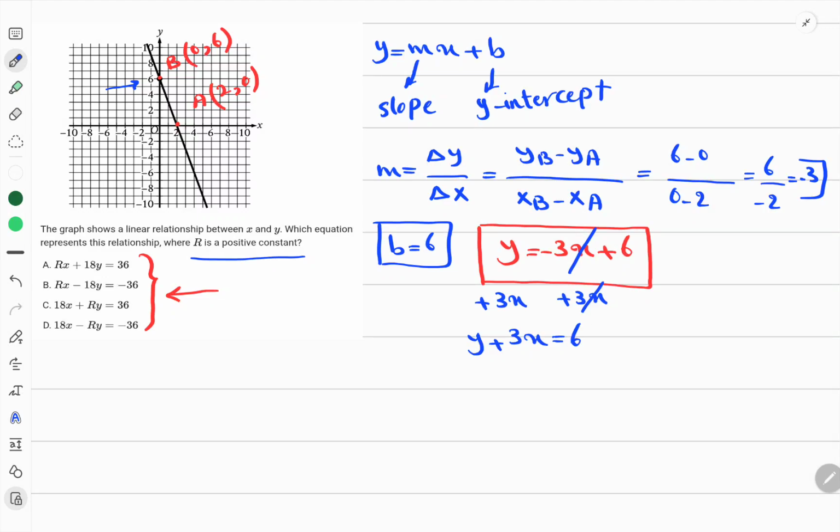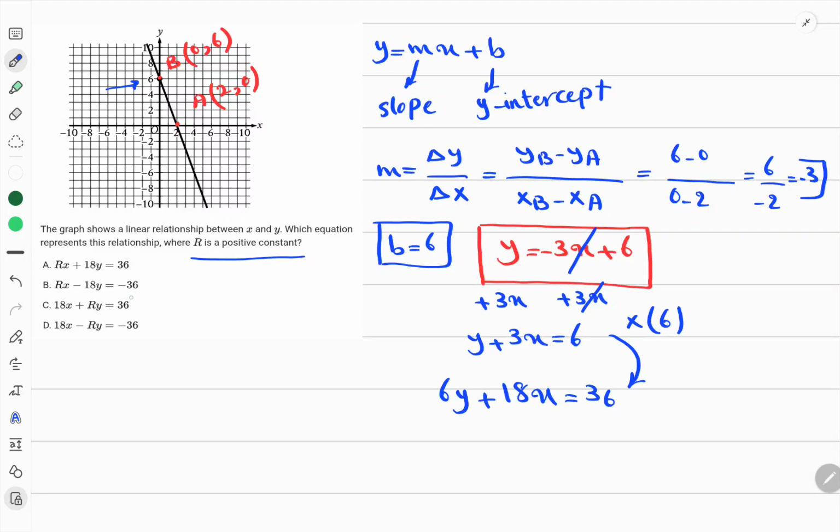And another thing is that the right hand side is a number like 36 or negative 36. So it's better to multiply all terms of this equation by a number like positive 6 or negative 6. And it gives you 6y plus 18x equals 36. So far so good. So we have 6y plus 18x equals 36.